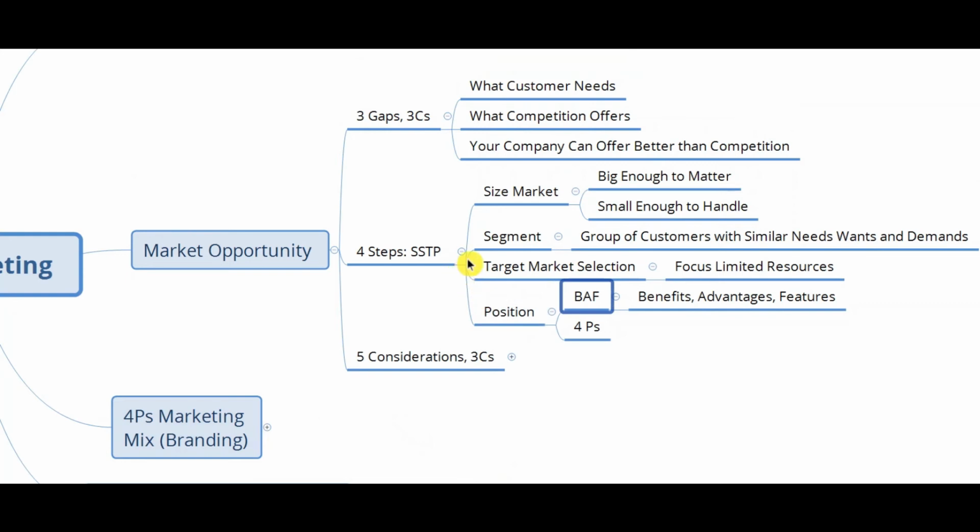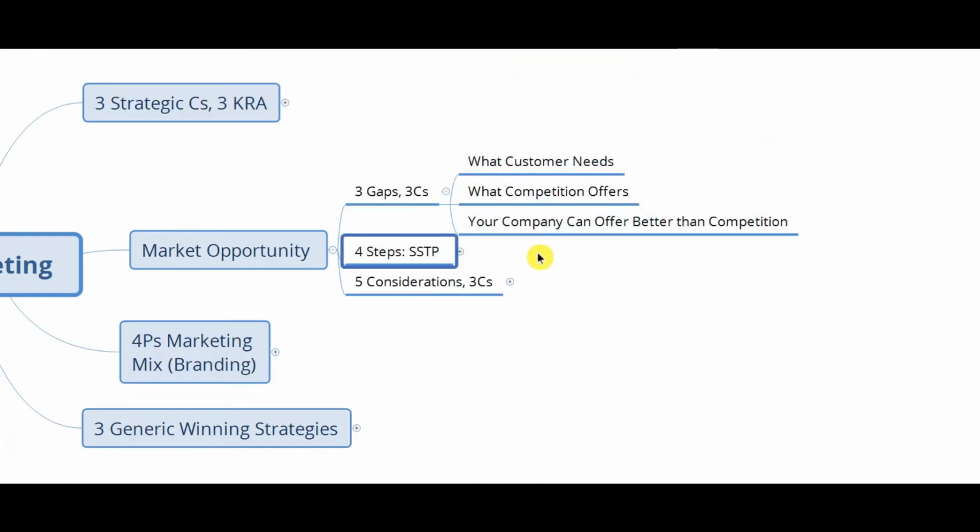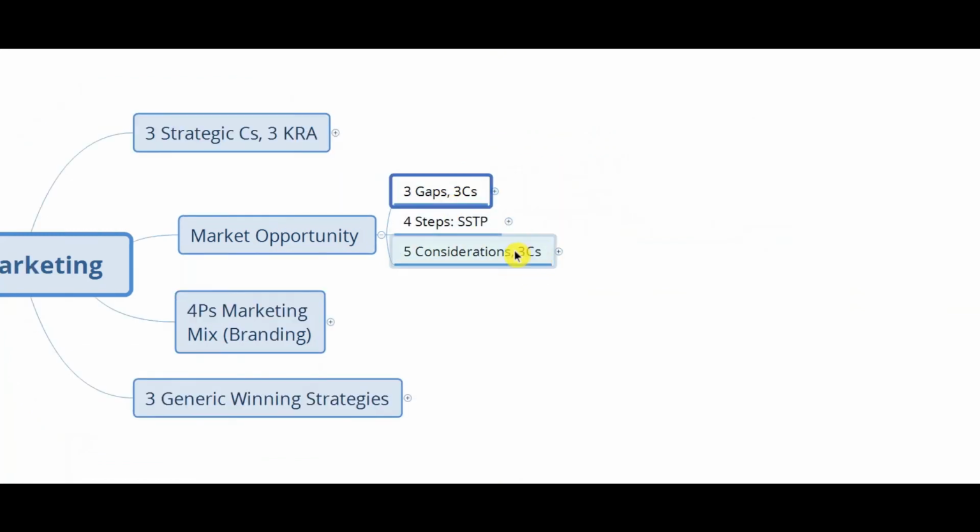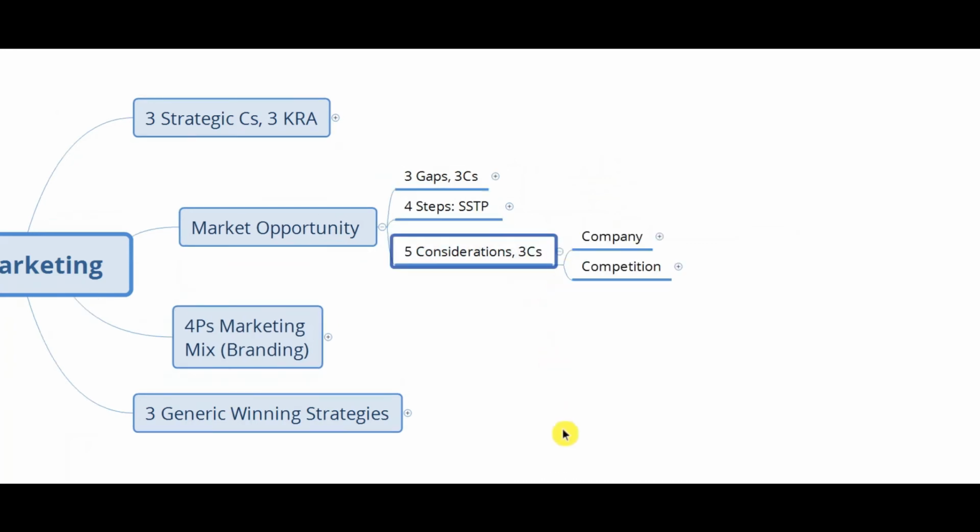And then when there's a market opportunity, you again go back to your three C's to evaluate if it's worth taking advantage of this market opportunity. So we expand that. There are two of the C's which have five considerations explained in the I Love Marketing model. There are five things which you consider as far as the company.